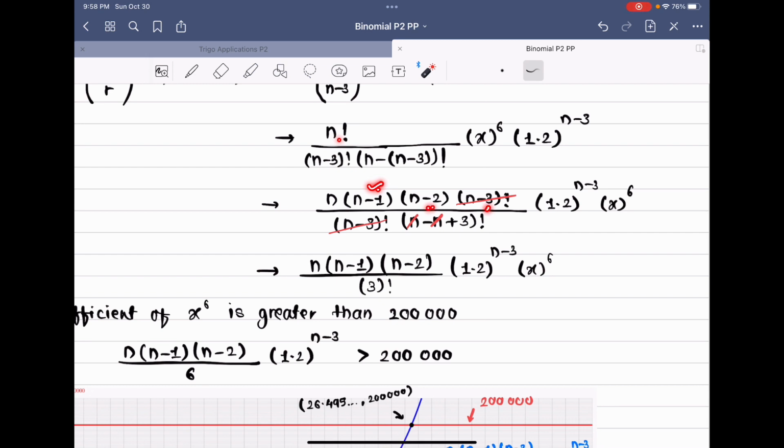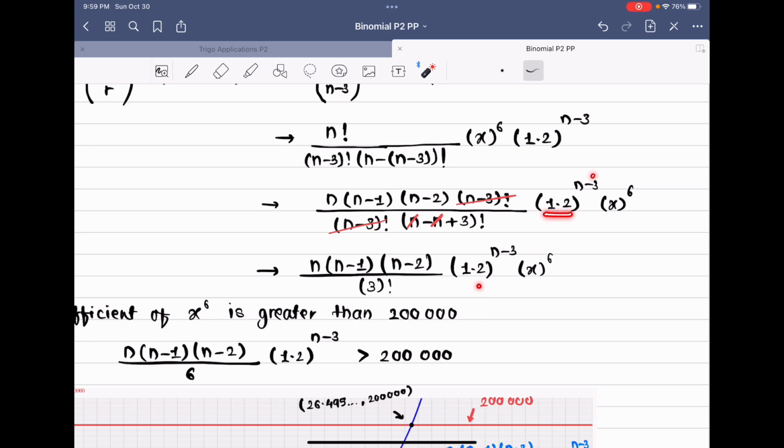We have to stop because the denominator is (n minus 3) factorial. So (n minus 3) factorial and this (n minus 3) factorial get cancelled. You are left with the numerator n into n minus 1 into n minus 2, and in the denominator n minus n gets cancelled and minus of minus 3 becomes plus 3, so 3 factorial.